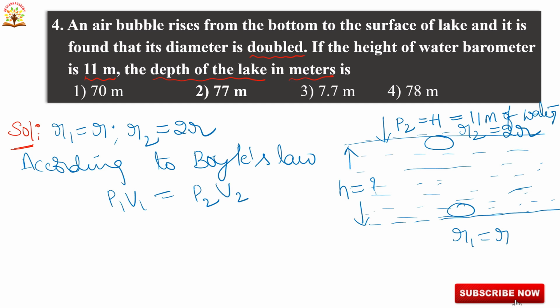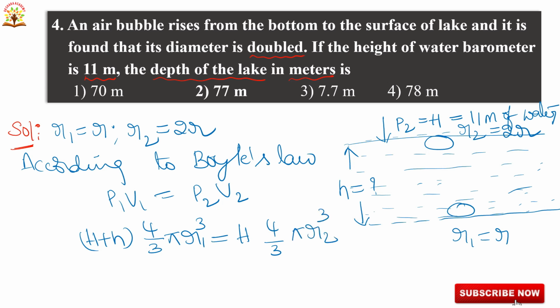Now substituting P1, which is h plus H, times V1, which is the volume of the sphere, 4 by 3 pi r1 cube, and on the other side H times V2, which is 4 by 3 pi R2 cube.